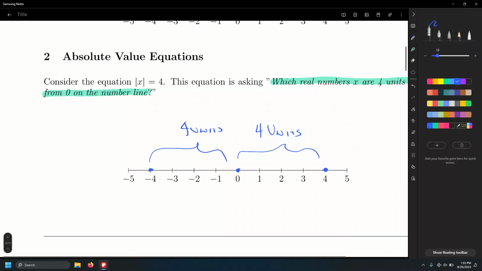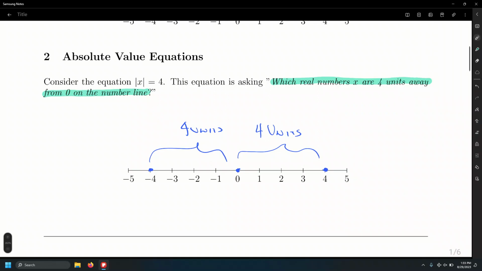So what I'm trying to say, let me restate this equation right here. Absolute value of x, but do we agree that x is the same as saying x minus 0? I know, it's like, why do I put that 0 in there?